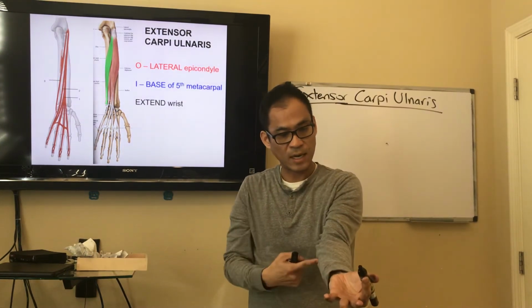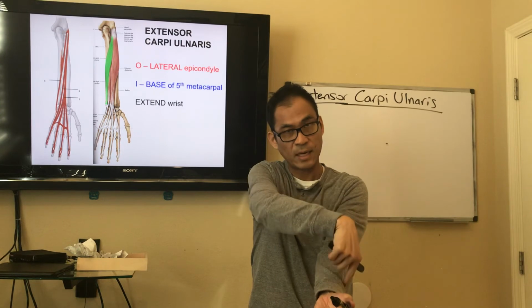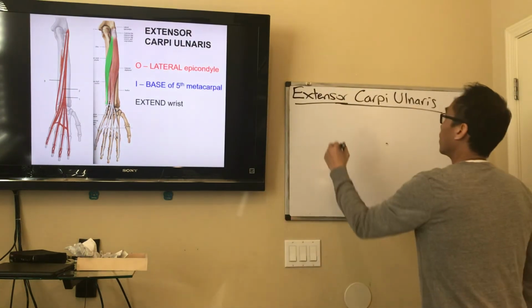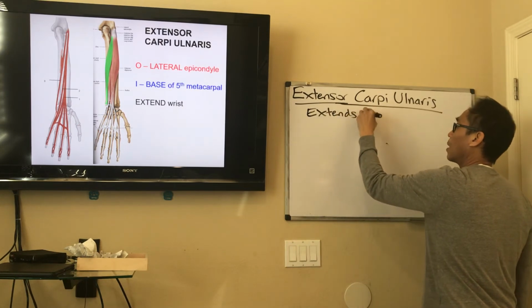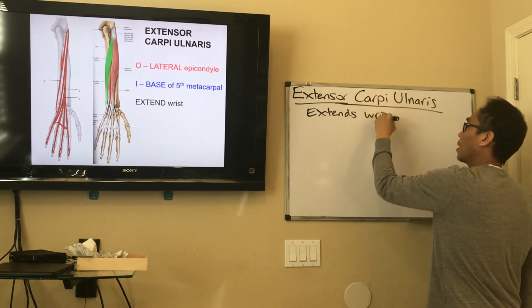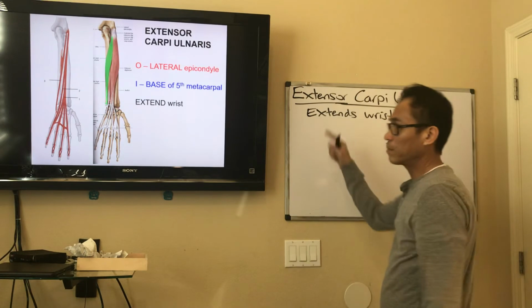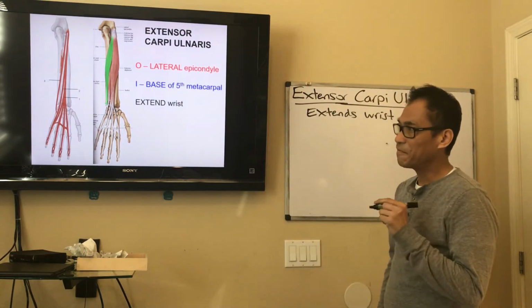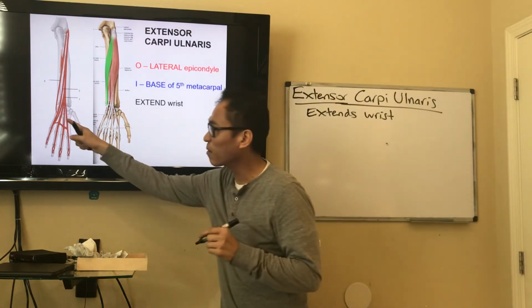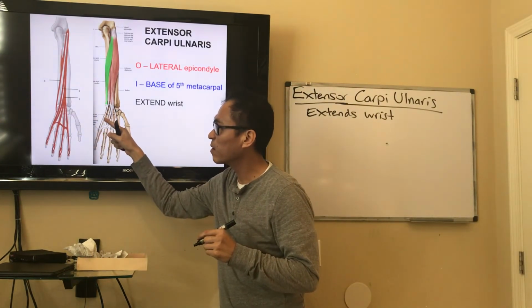So again, ulnar side, radial side. Again, the origin is the same. Lateral epicondyle. This one inserts base of 5th metacarpal right around there.